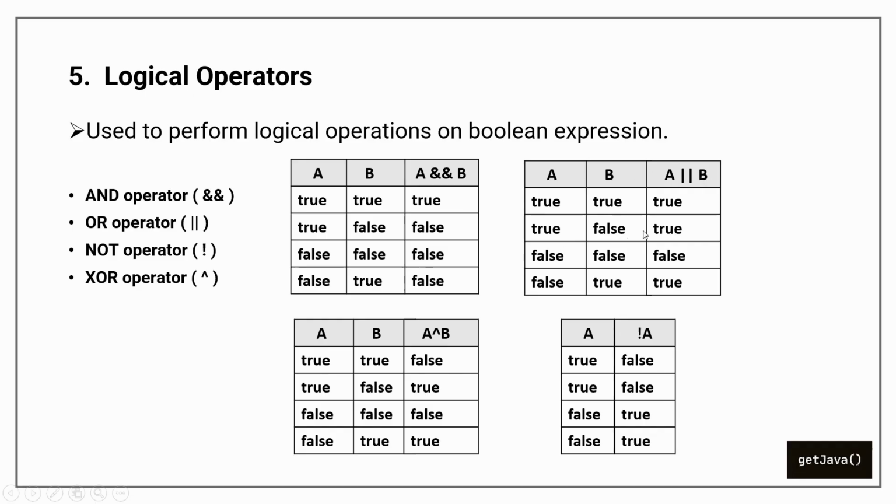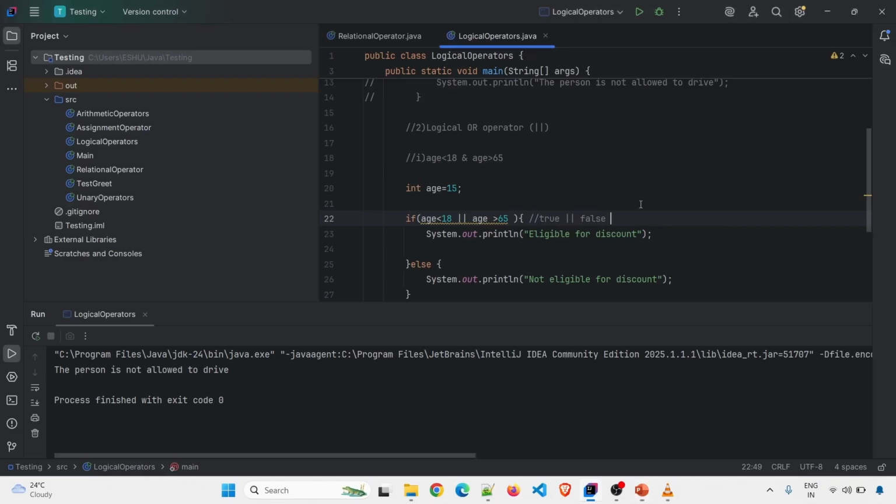So true and false will be evaluated as true. So this condition will become true. So if this condition becomes true, then the if block will be executed and we should get output as eligible for discount. Now if I run this code, I will get eligible for discount.